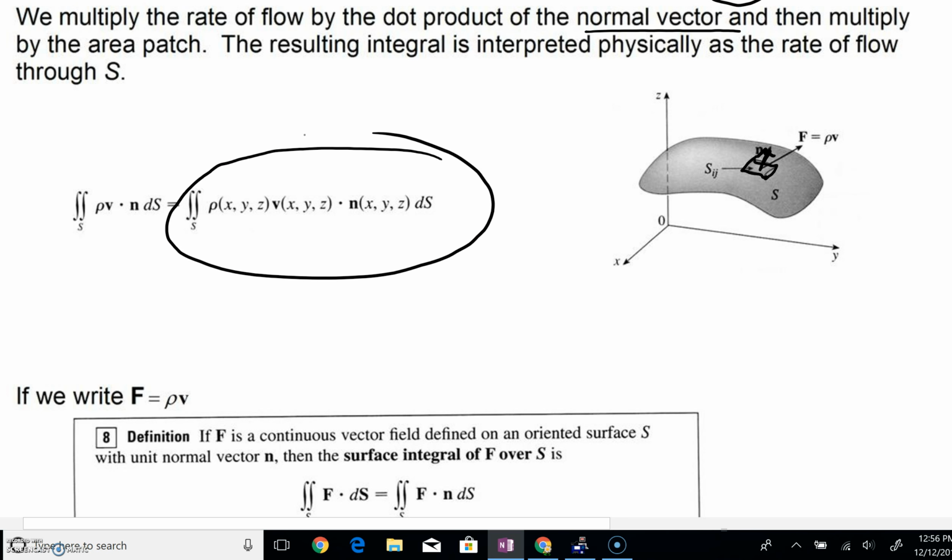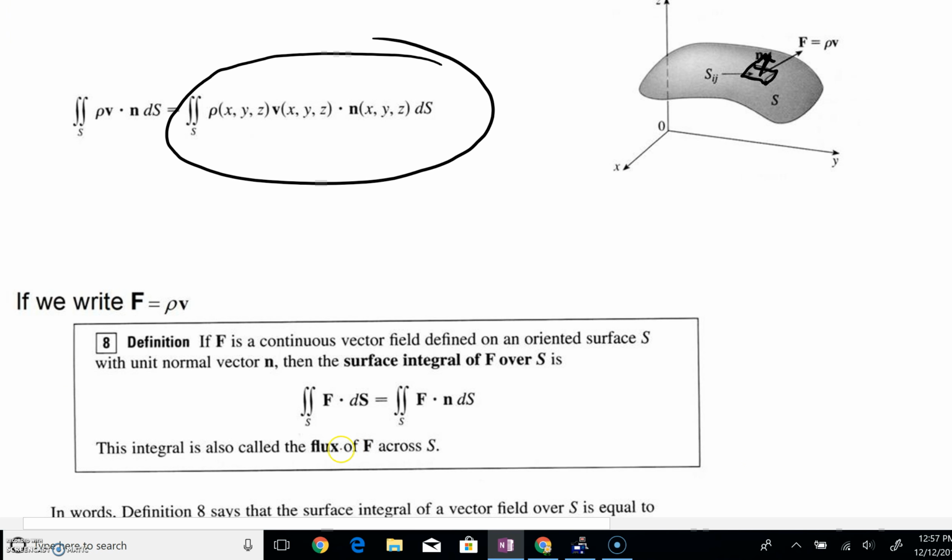This rate of flow is what we're going to call flux. Okay, so the flux is a way to represent a rate of flow over that oriented surface.